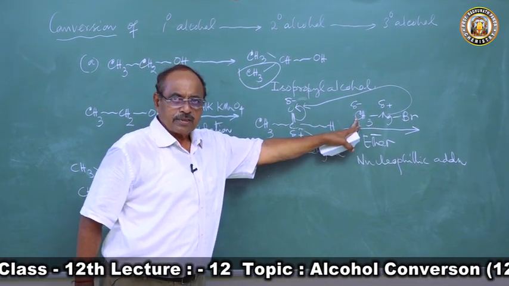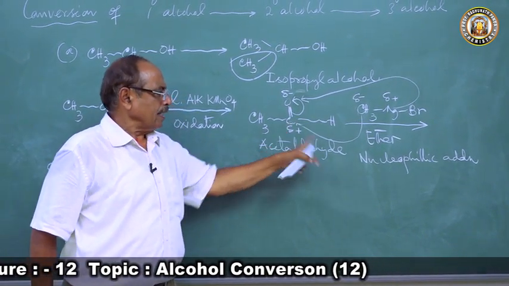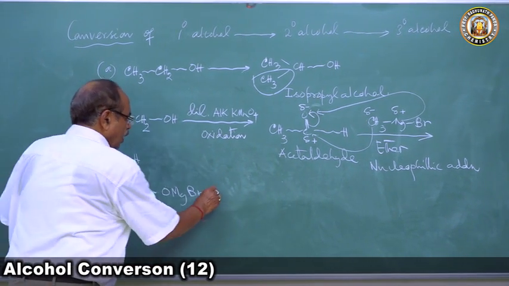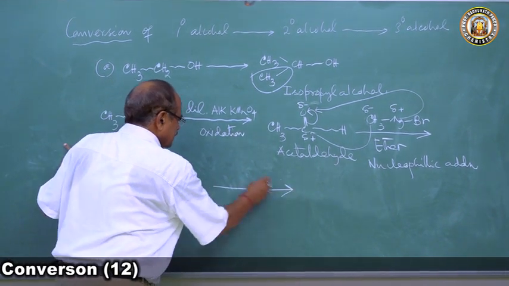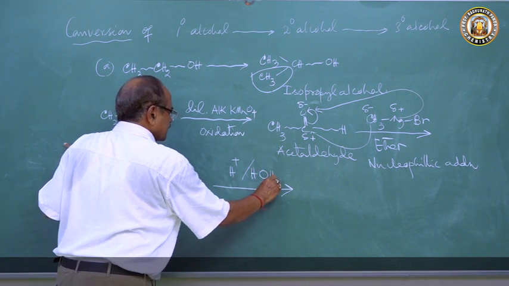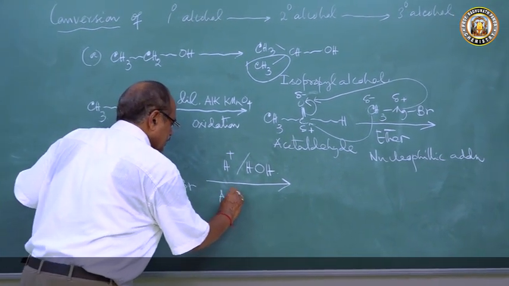CH3 minus is a negative charge, is a nucleophile, and both are added, hence the reaction is a nucleophilic addition reaction. So now, if we hydrolyze this in presence of an acid, always hydrolysis is done by an acid. So this undergoes acid hydrolysis.